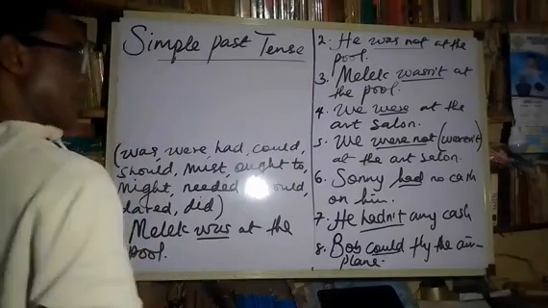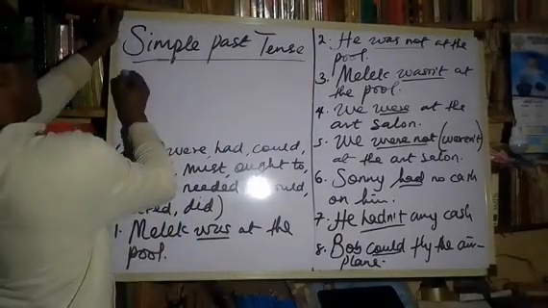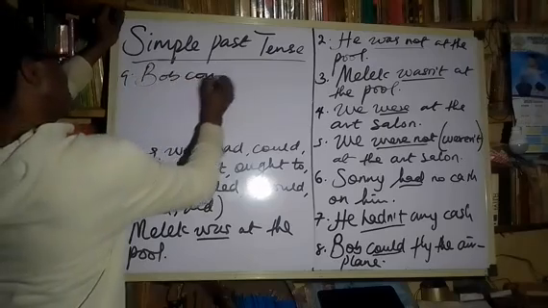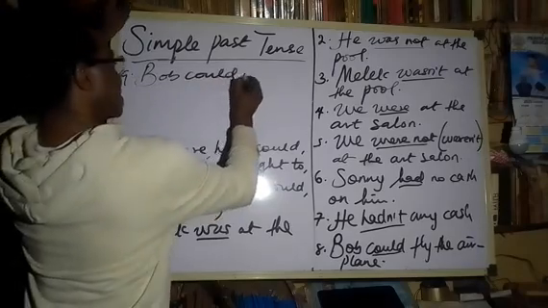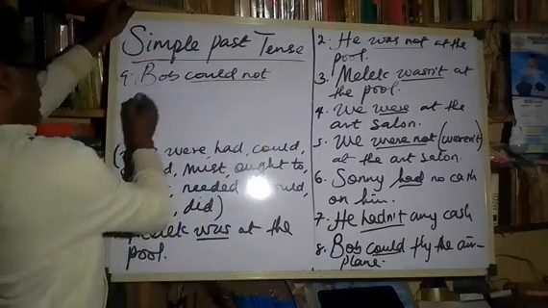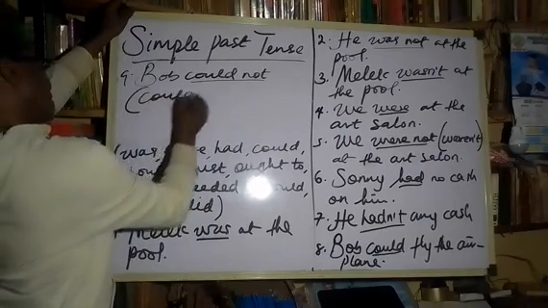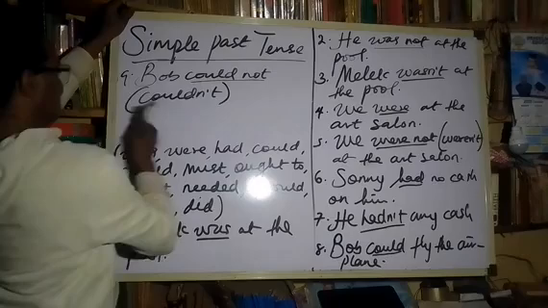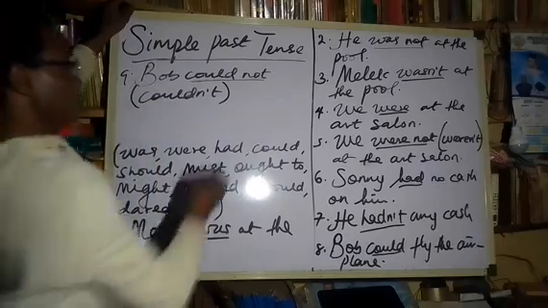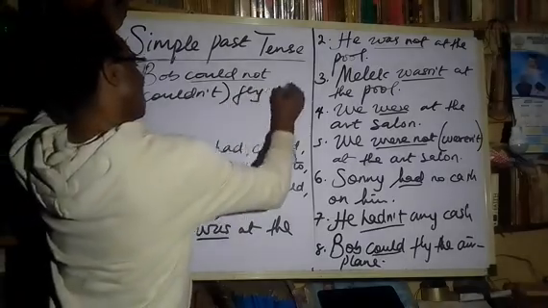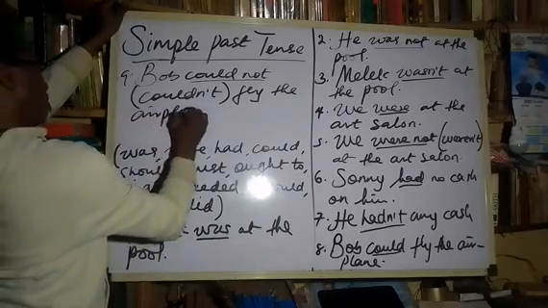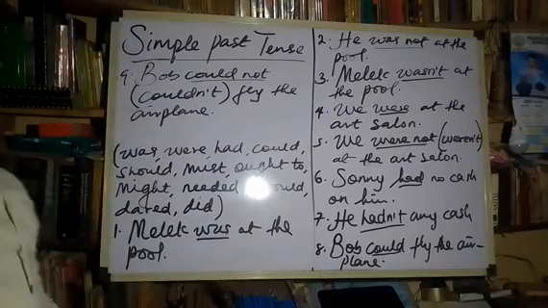Bob could fly the airplane. Or Bob could not. Bob could not becomes Bob couldn't. In brackets, couldn't. Bob couldn't fly the airplane. Bob couldn't fly the airplane.